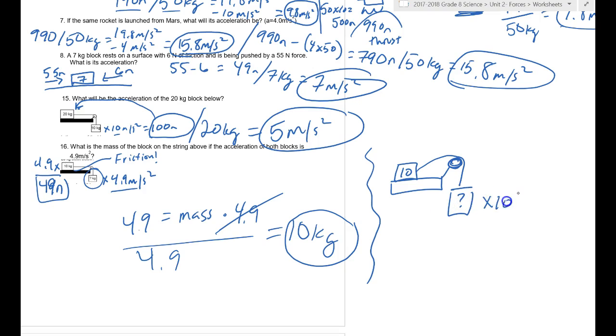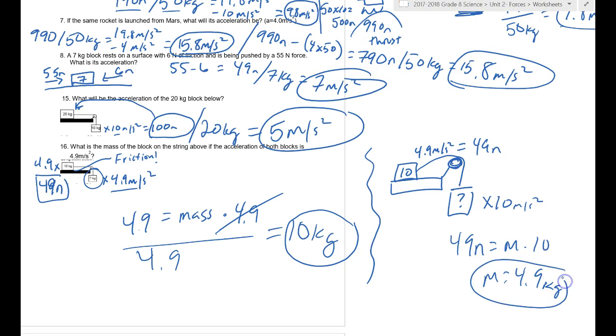If this is going to accelerate at 10 meters per second squared, and this one accelerates at 4.9 meters per second squared, that means that there's 49 newtons acting there, so 49 N equals mass times 10. The mass would equal 4.9 kilograms.